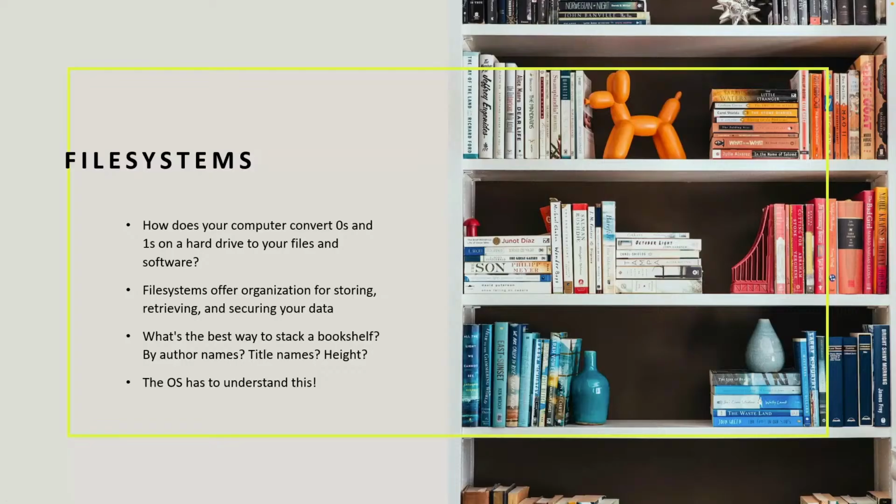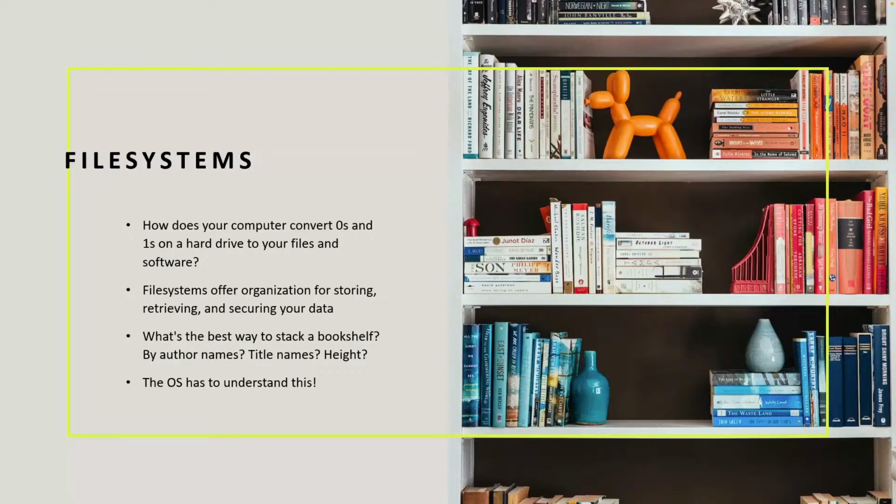How it does that is generally through a pre-designed system that's supposed to work with your hardware capabilities, supposed to work with your software, and in the end, it's supposed to have the most optimal organization. So you can store your files, you can retrieve them, and hopefully there is some security to it, which means not only that it protects you from attacks, but also some amount of redundancy so you don't accidentally lose your data.